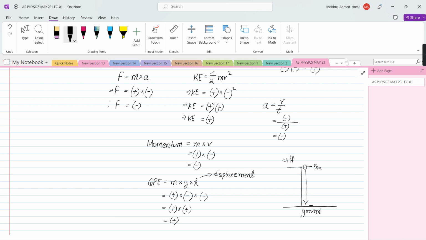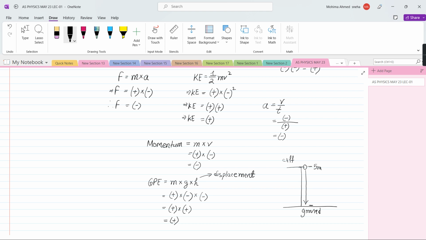So we are obviously taking the direction from ground to cliff. We are never taking the distance from cliff to ground, right? We always say that as the ball falls down the cliff, the height is decreasing. What it means is that we are specifically taking the distance from ground to cliff. That means there is a role for direction.